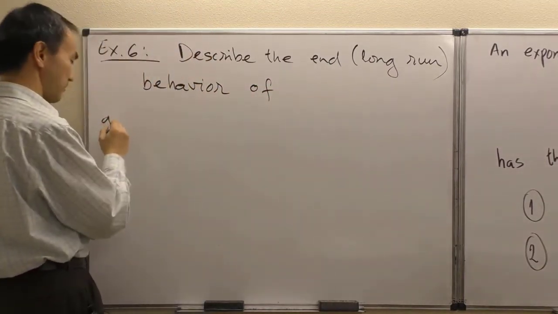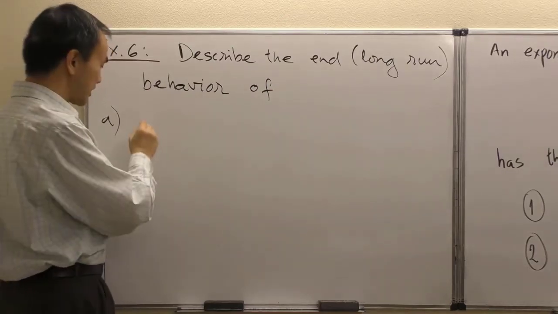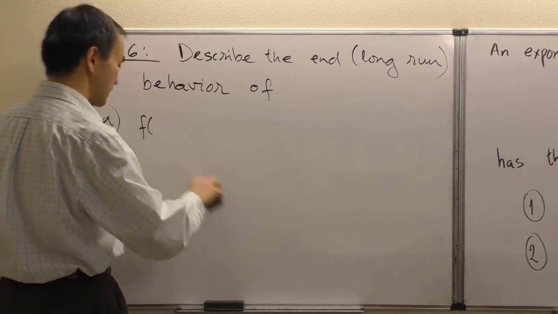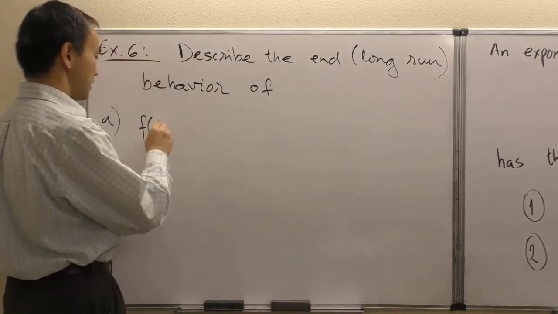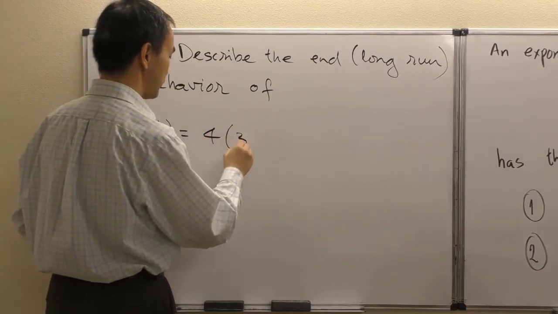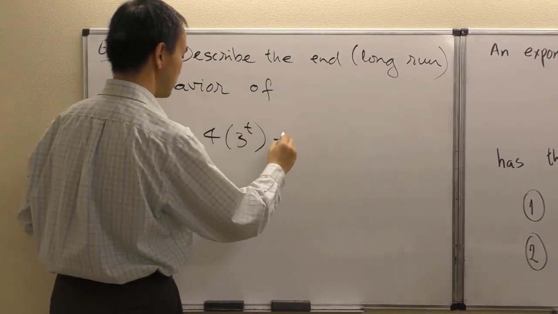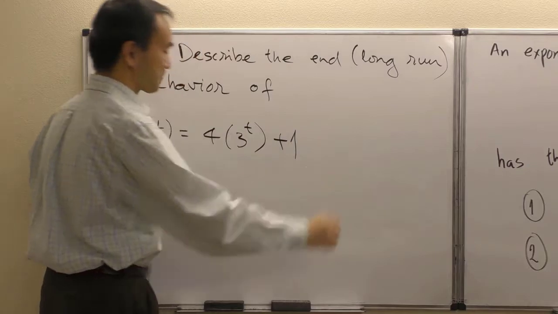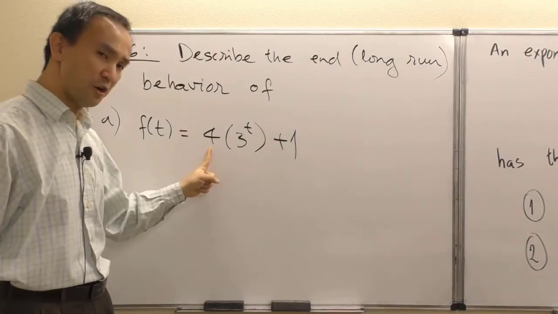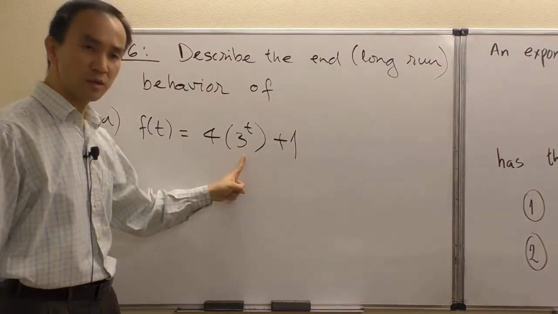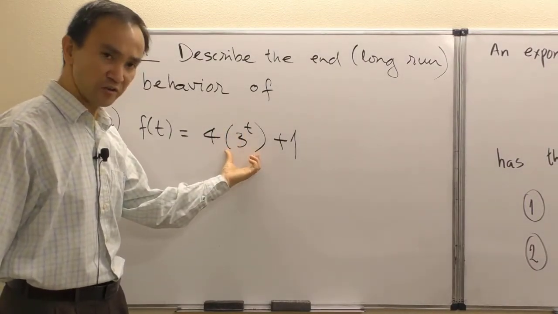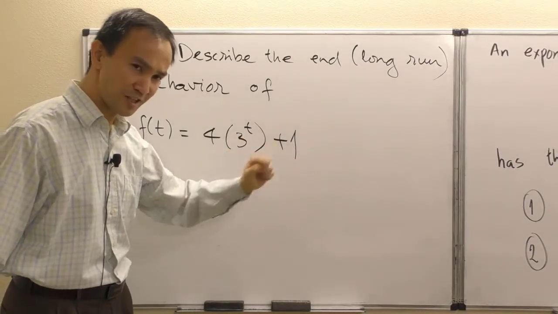And so now part A, that first function, f of t equals 4 times 3 to the t plus 1. So our function here is in the form of a constant coefficient multiplied with that ordinary exponential function, 3 to the t, plus the constant k right there.